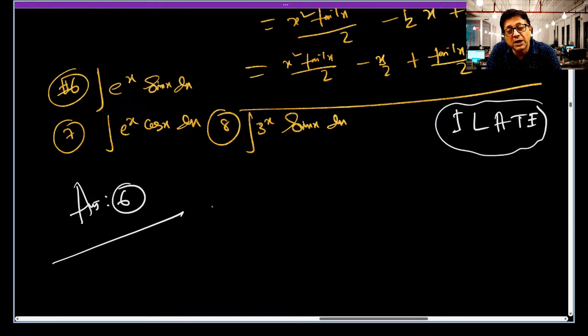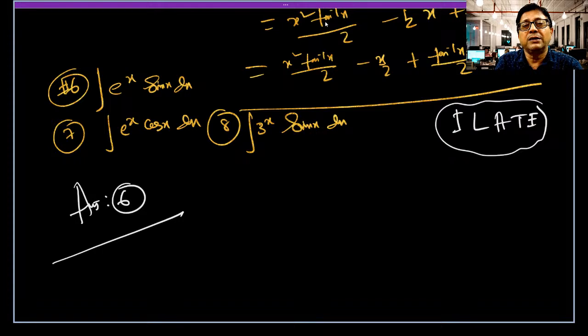Number 6, how to start? If you go by this rule, Euler rule, sin x will be first, e to the power x will be second. Let us take that only. What they have given, what we have learned, let us use that first.